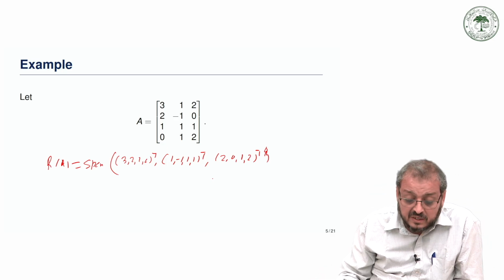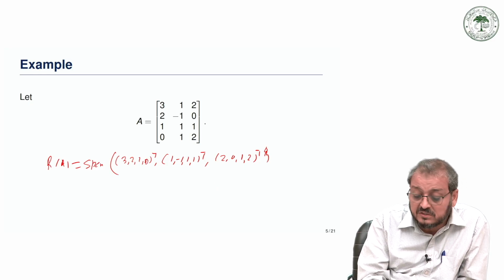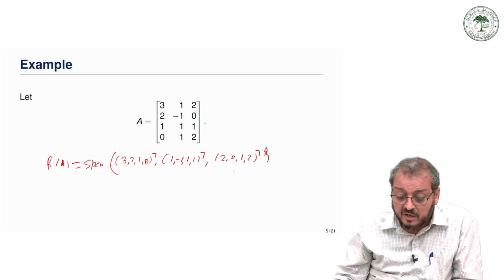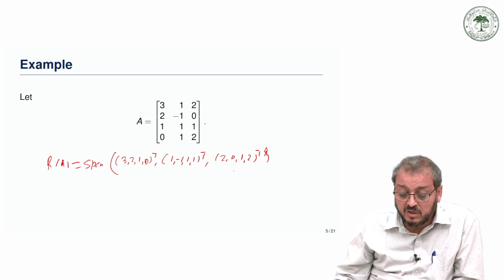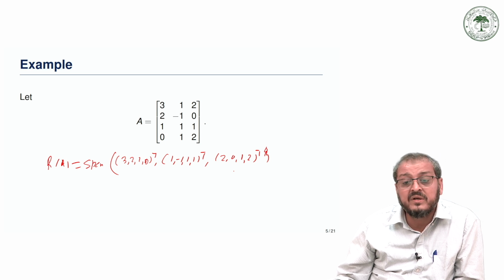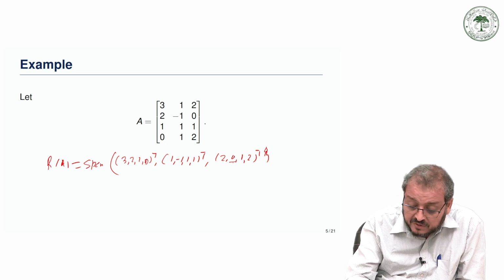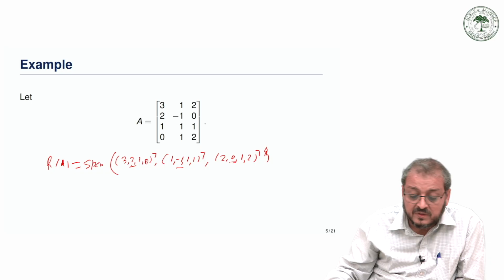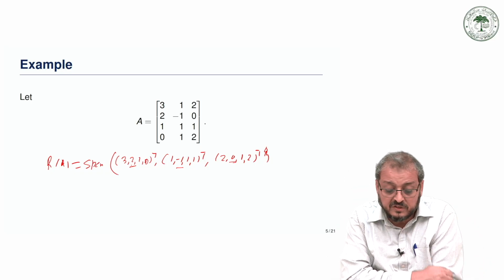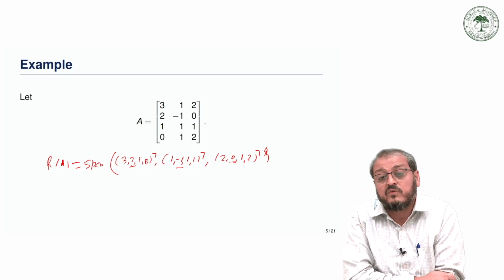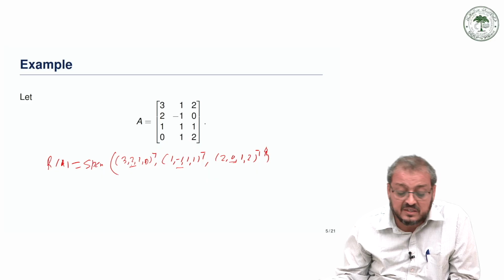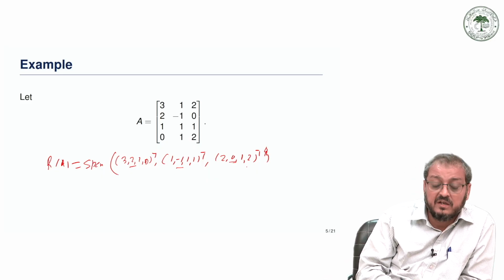Now you can see clearly that all three vectors are linearly independent, because the second position is 0 in one of them and non-zero in the others, so no nontrivial combination gives zero.